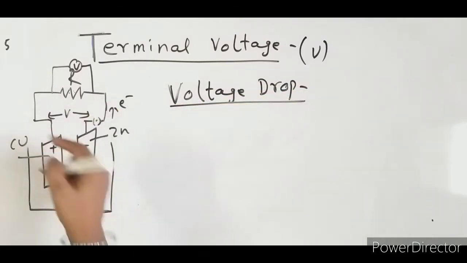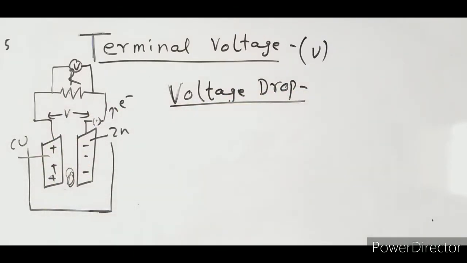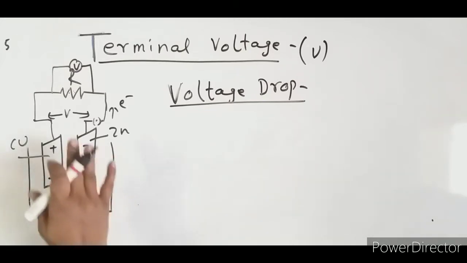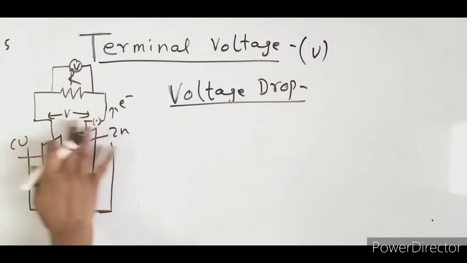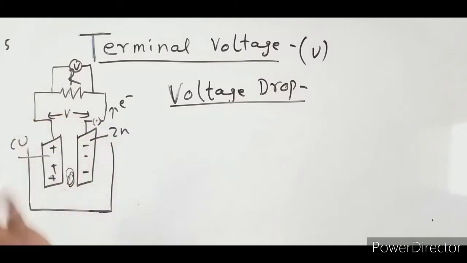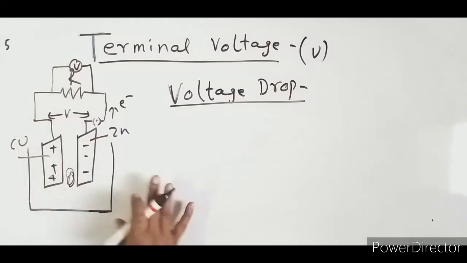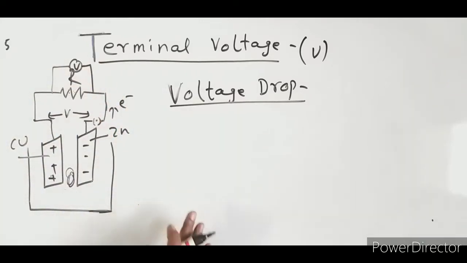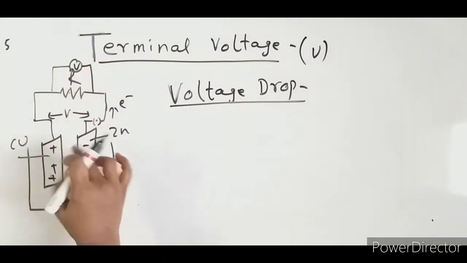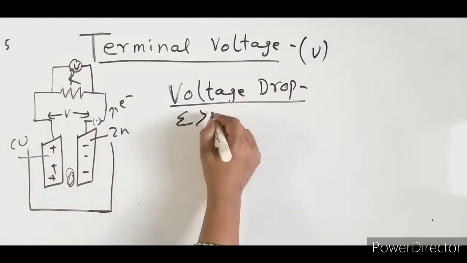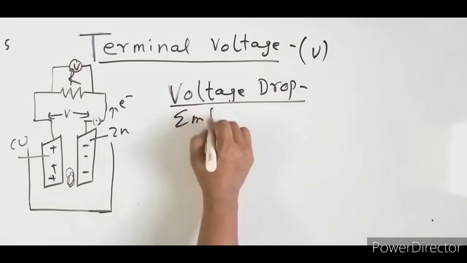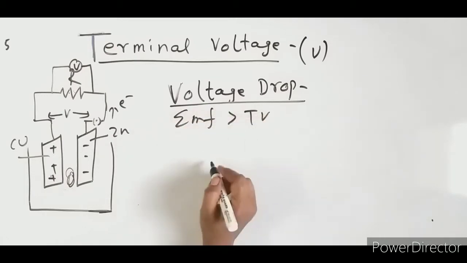Previously I told you that EMF will be the maximum potential difference. Terminal voltage will be the voltage across the terminals of the cell. Now when a voltmeter is connected, it is found that the EMF will be greater than the terminal voltage.